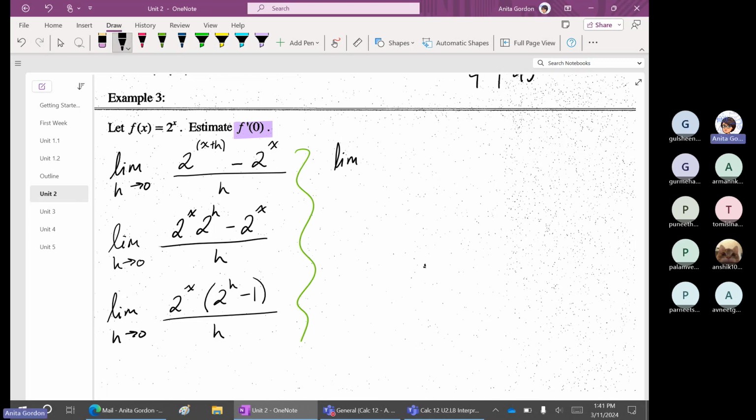What if we use a general x approaches a, but now instead of a, I'm going to use the actual point I have. x approaches 0 because that's my point of interest. What happens if we do this method? I get 2 to the x minus 2 to the 0 over x minus 0. Is that better?